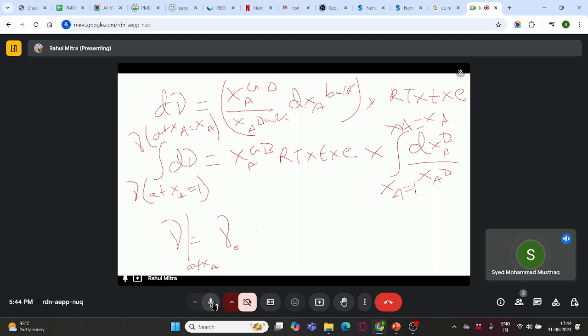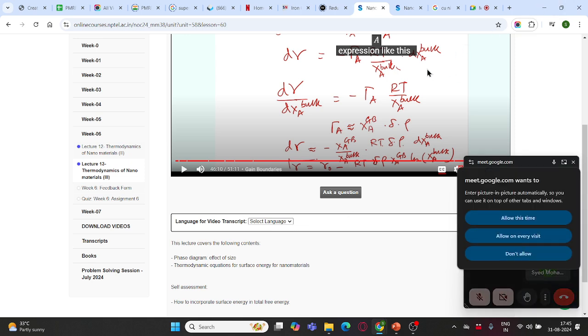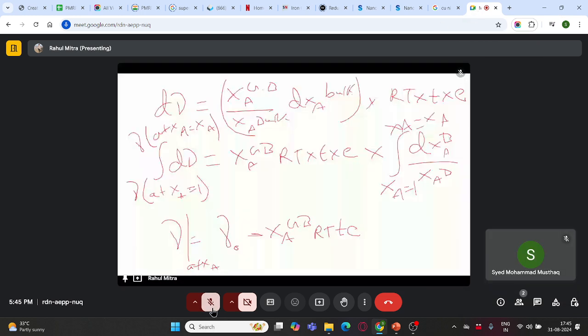This will be equal to minus XA G RT T E. We missed a negative term here.